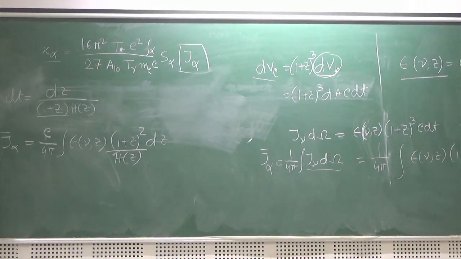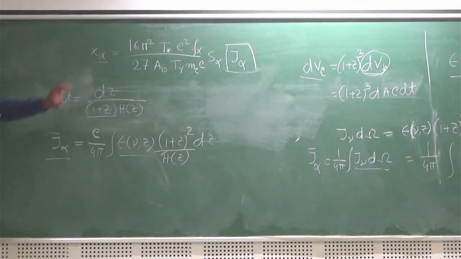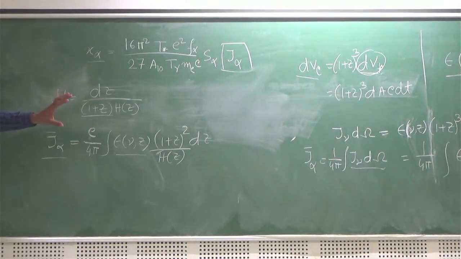So this is how we connect comoving source emissivity with the flux. Okay, and this is the formula you will see in your literature.